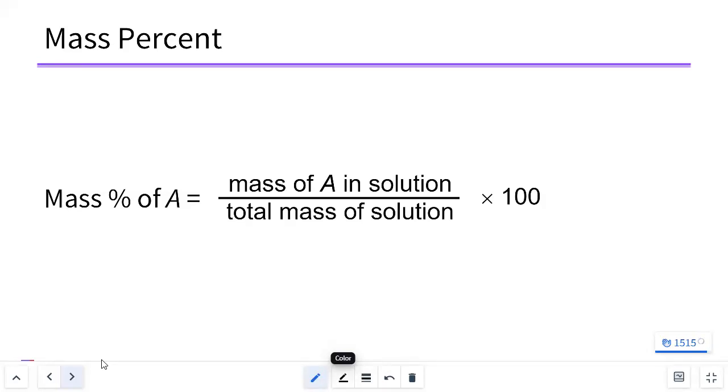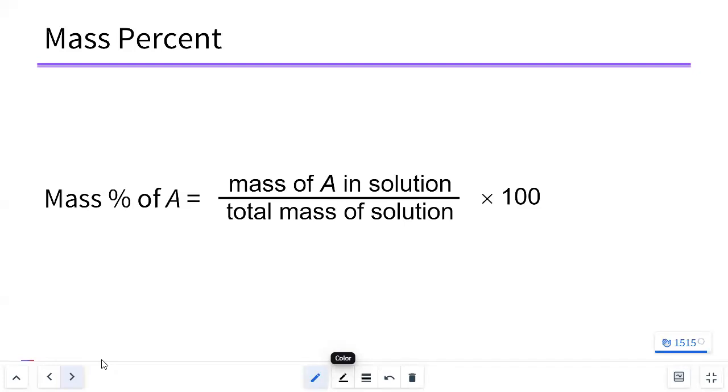Mass percent was a big part of those kinds of calculations. The only difference here is that we're looking at a solution instead of a compound. For the solution, we become interested in what is the solute, how much of it do I have, and what is the overall mass of the solution that I'm taking that solute from, or that I'm mixing that solute into. That becomes the basis of my mass percent.